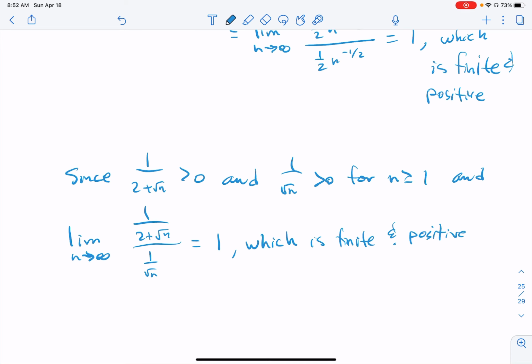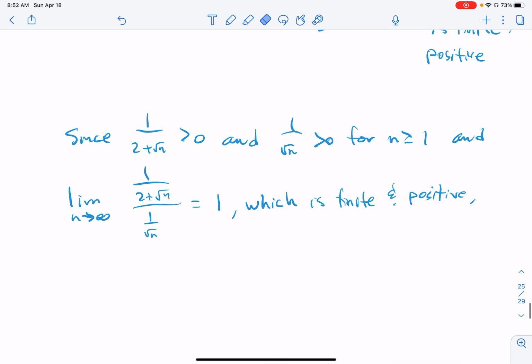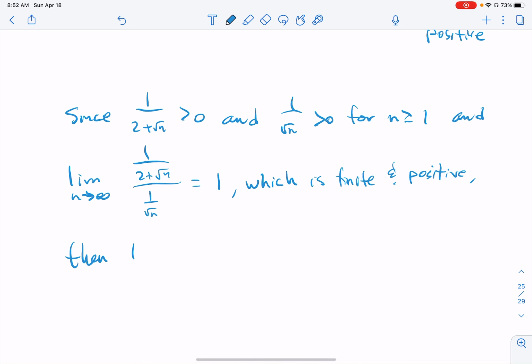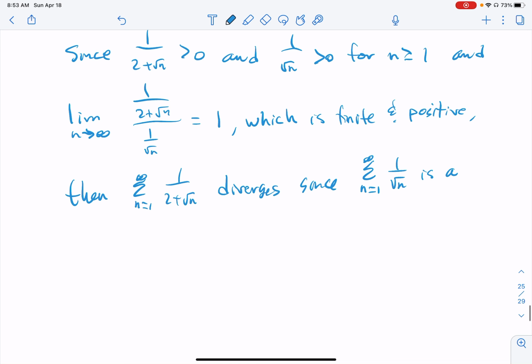Okay, there we go. Then our conclusion is that the series from n equals 1 to infinity of 1 over 2 plus the square root of n diverges, since the one that we compared it to, n equals 1 to infinity of 1 over the square root of n, is a divergent p-series.